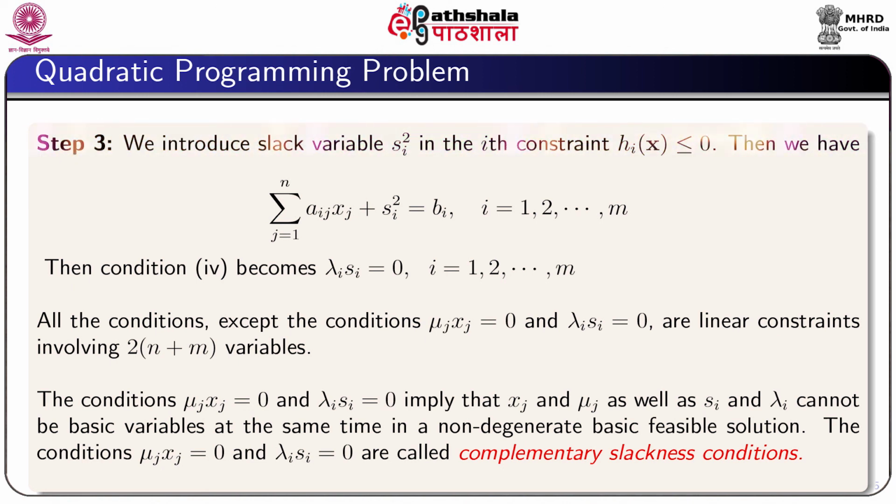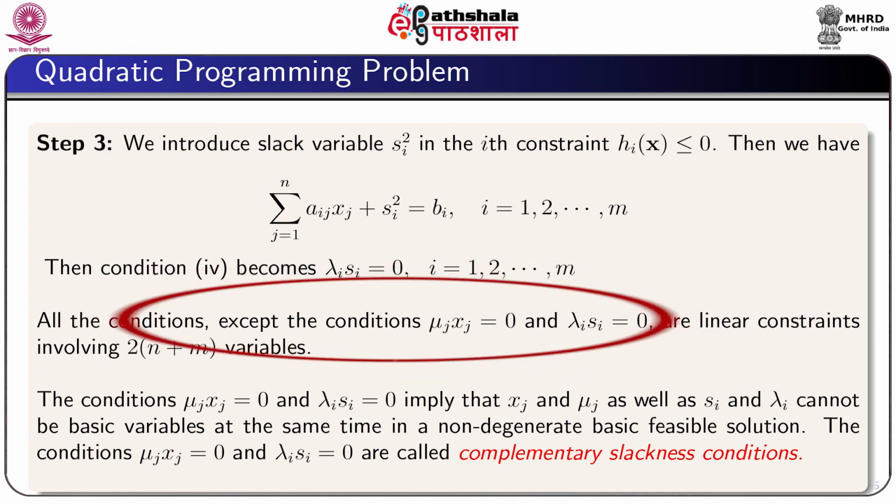Then the constraint becomes an equality, summation j equal to 1 to n Aij xj plus Si square equal to bi, i equal to 1 to m. Then condition 4 becomes lambda i Si equal to 0 for i equal to 1 to m.